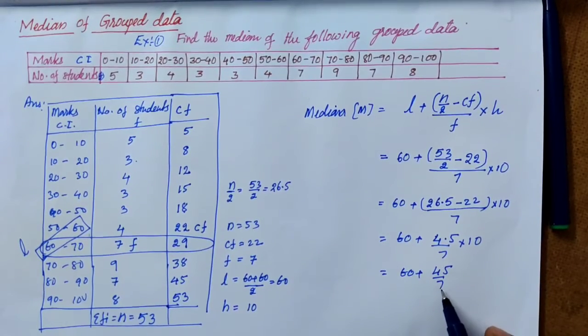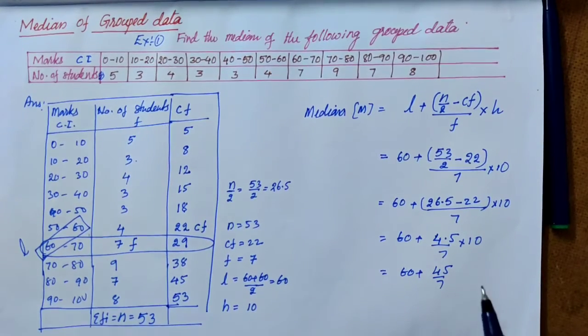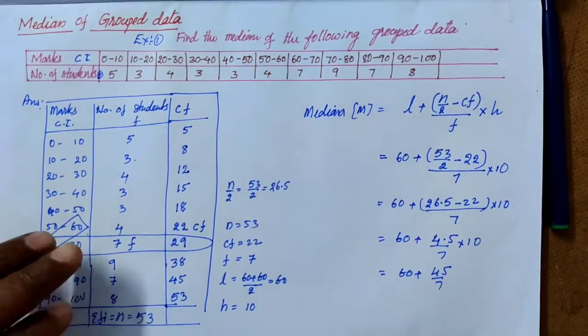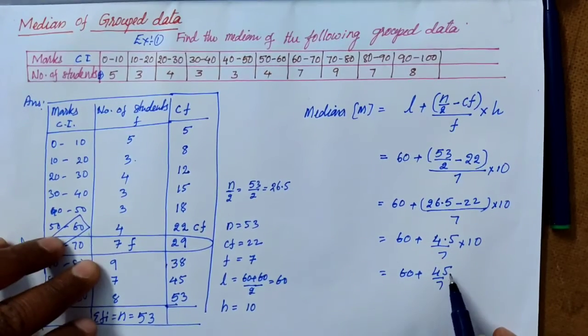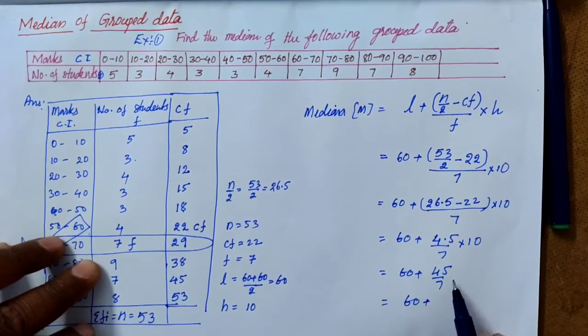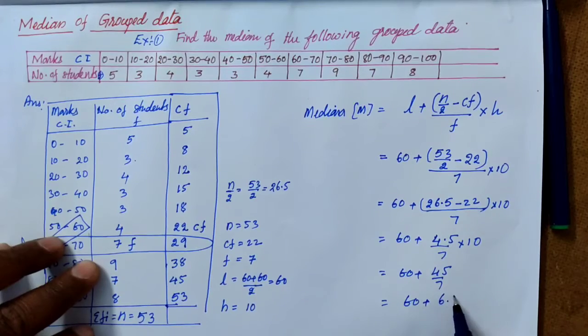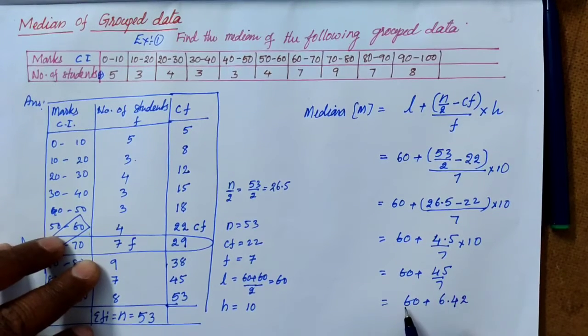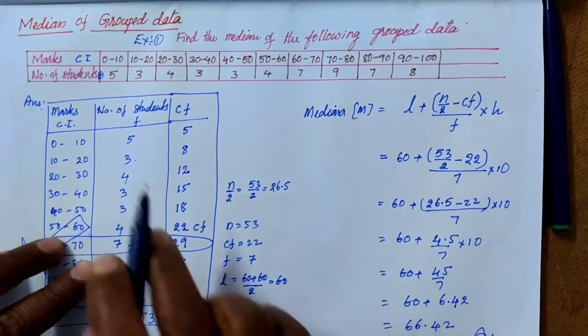Dividing 45 by 7, we get 6.42. So 60 plus 6.42 is equal to 66.42. So this is the median of this grouped data.